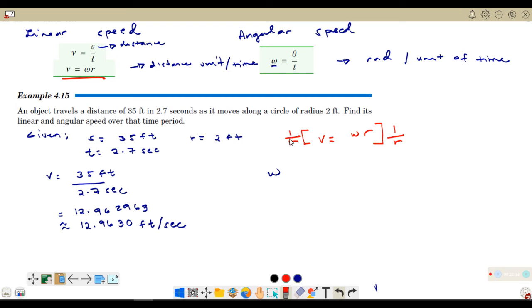So, multiply both sides by 1 over R. On this side, tanggal na si R. And on the left side, you will be left with V over R is equal to the angular speed.